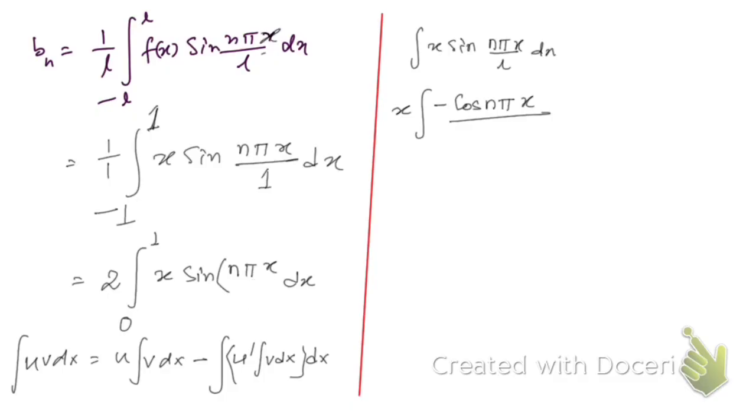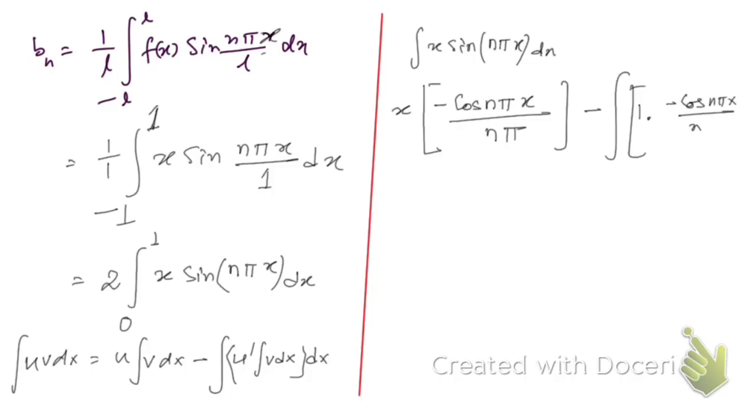If you integrate sine n pi x, you're going to have minus cos n pi x by n pi, right? After integration we have got this. Then minus the derivative of x, which is nothing but 1, times the integration of sine n pi x, which is again minus cos n pi x by n pi, dx.